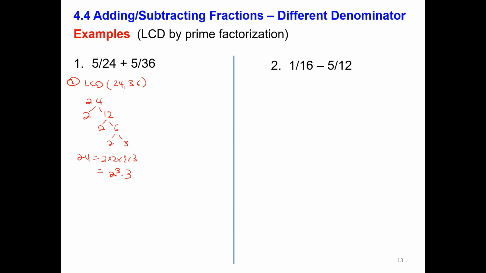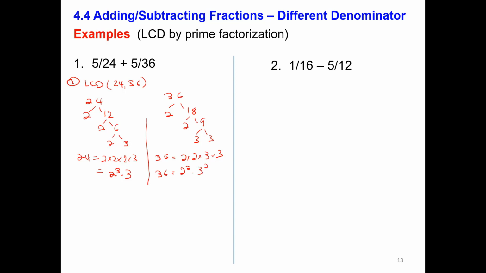And we can do the same thing with 36, which is 2, 18, 2, 9, 3, 3. Then 36 equals 2 times 2 times 3 times 3. 36 equals 2 to the second times 3 to the second.